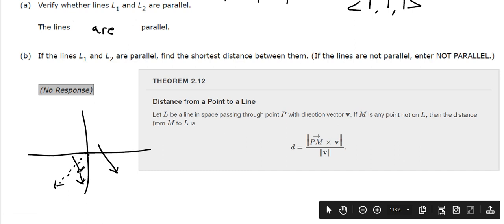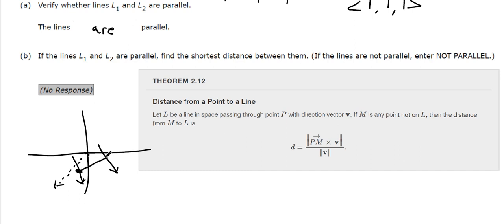We just want one point to pick on this vector, and then we can use the distance from a point to a line, theorem 2.12, to help us find the shortest distance to the other point, because we're going to involve a cross product. A cross product helps us find right angles between vectors or planes, and so that's going to help us find the shortest distance from this vector to this vector.